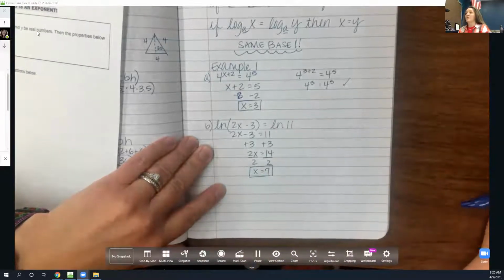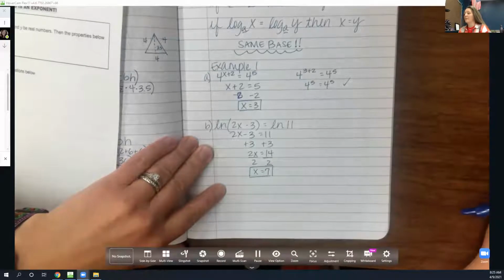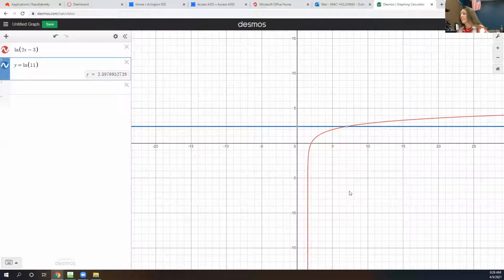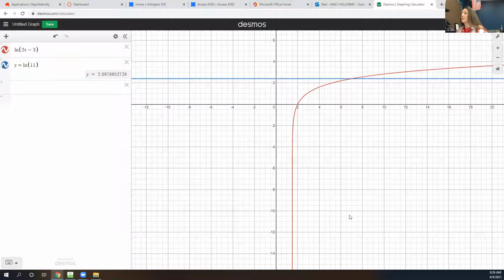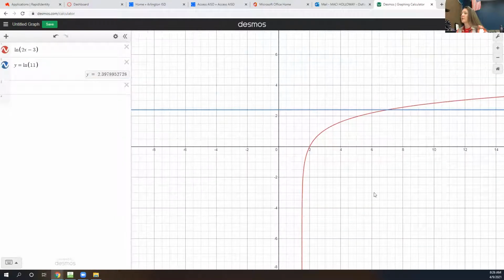I'm going to show you a different way to check this answer. I've plugged in my functions here, and we found our answer to be 7. So we're checking to see if this is correct. Anytime I just have a number, I want to put in y equals.